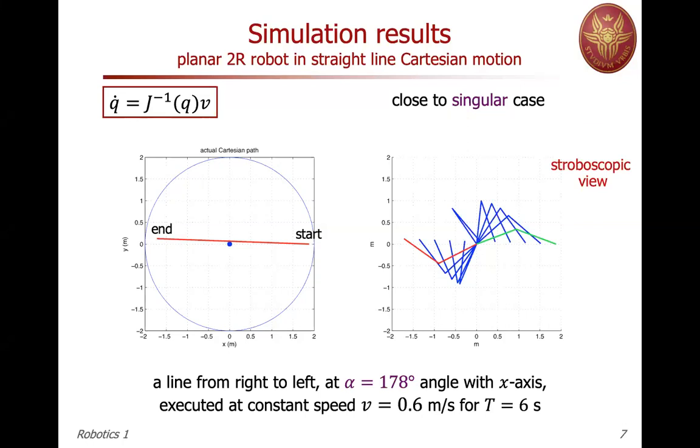The angle that this line is making with respect to the positive x-axis was 170 degrees before, now it's 178. Indeed, since we are starting on the x-axis, if we make a straight line which is horizontal, so with respect to the positive x-axis from start to end, I would have alpha equal 180 degrees, and then I would cross the singular point. Okay, but I will not do that.